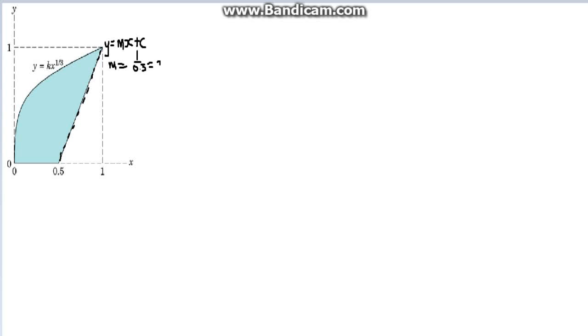This would equal 2. Okay, and we substitute the respective intersecting points here, or the given point on the line where the gradient ends.